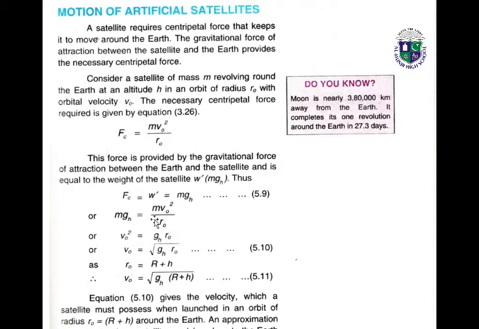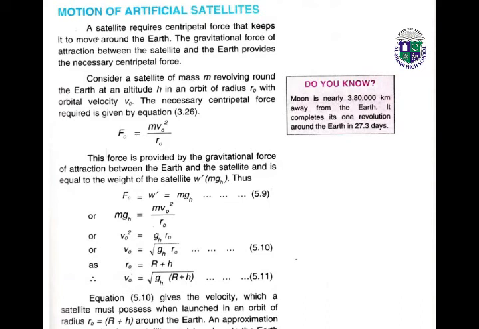Yes, we also know if we cancel the mass of the body, then velocity v0 square will be equal to g h r0. By taking the square root, we will cancel the square. So v0 is equal to the square root of g h times r0, where r0 is R plus h.